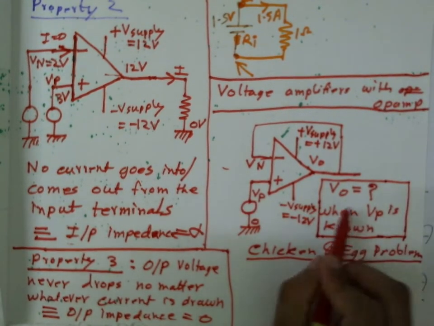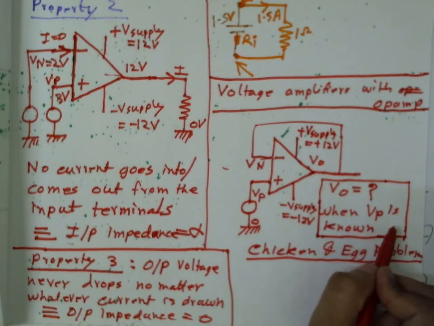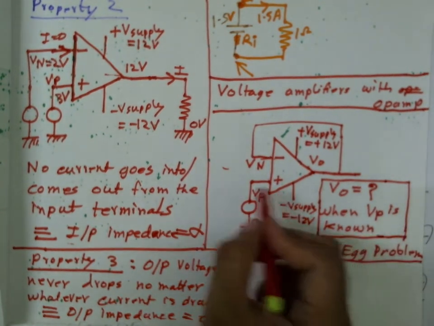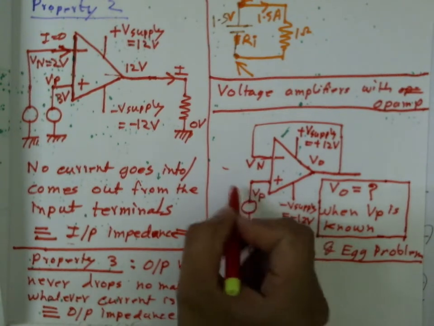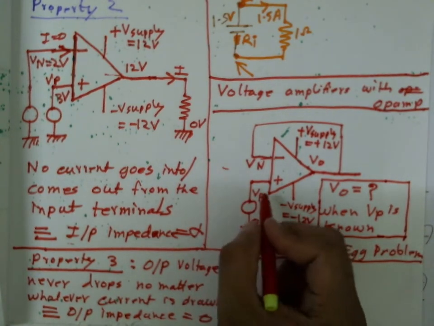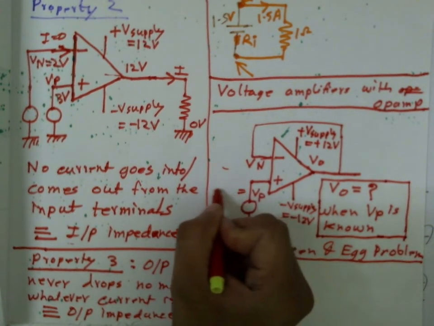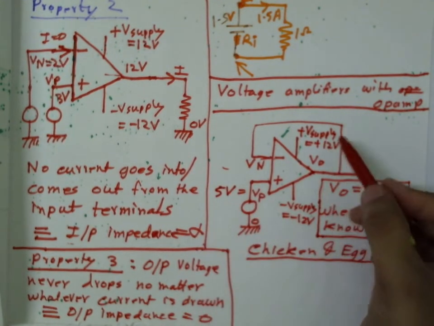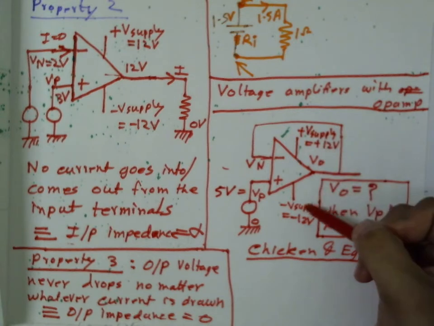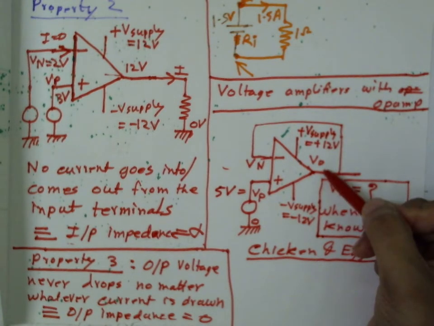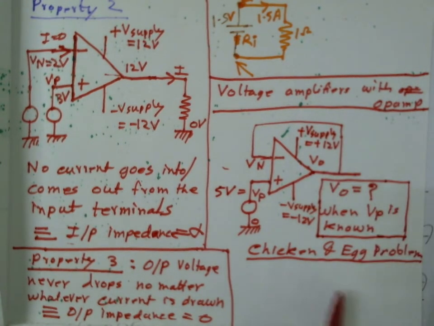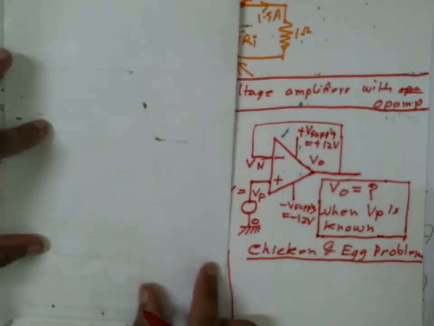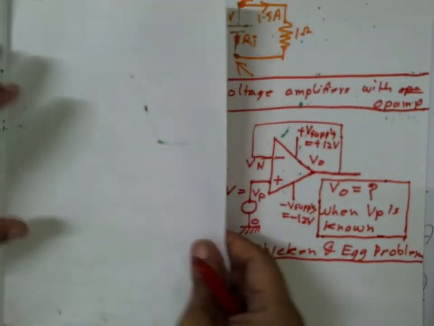So this was the question that Vp is known to us, find Vo. Let me give a value of Vp, say Vp is equal to 5 volt. So these two values are plus 12 volt and minus 12 volt. What is Vo? That's the question, and it's a chicken and egg problem, not so easy, but not so difficult as well.